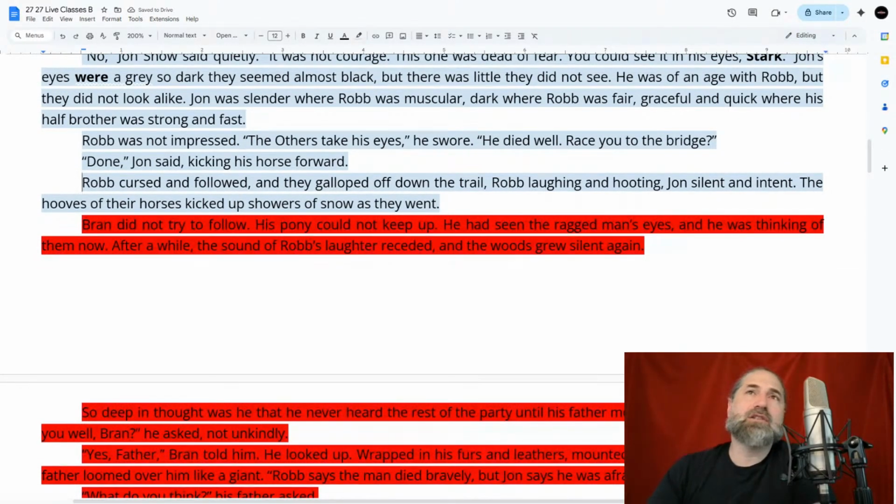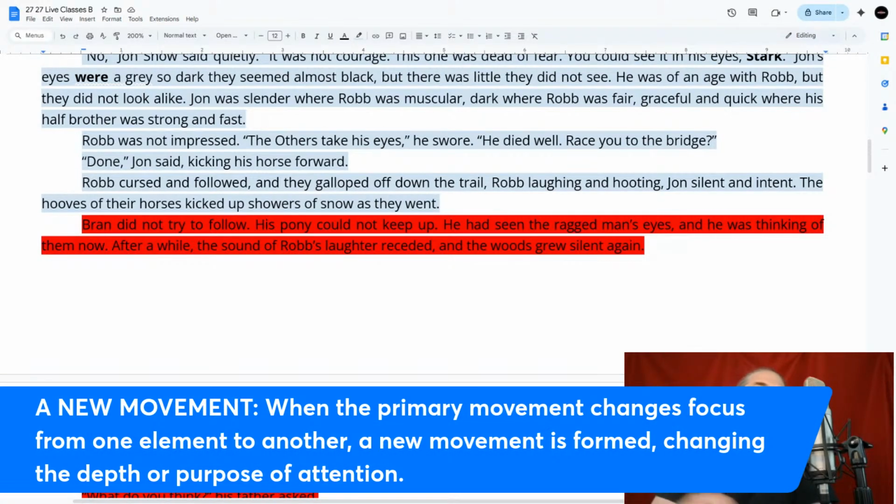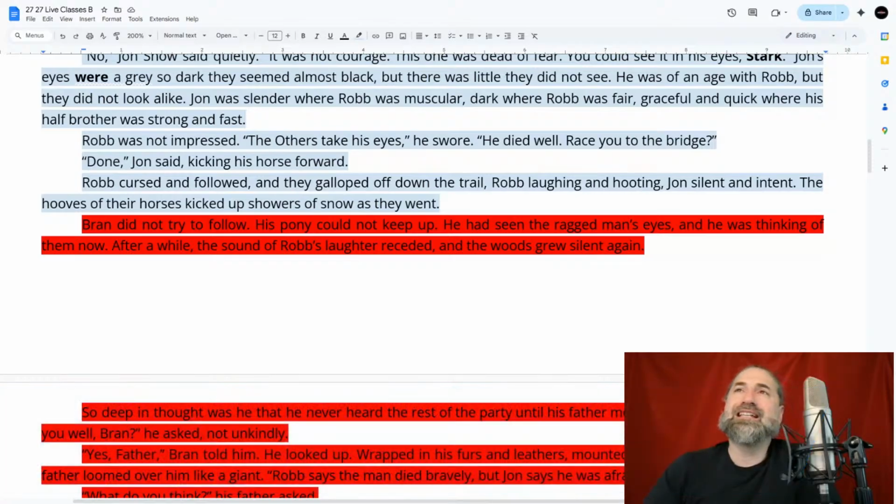And when it comes to this rule, which is known as a new movement: when the primary movement changes focus from one element to another, a new movement is formed, changing the depth or purpose of attention. In this case, because they are running, it is technically one movement, but you could get away with making this a new movement, because now this is Jon, and now we get to play with Robb.